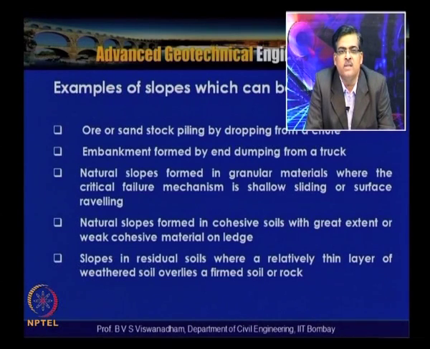So, basically it occurs in certain types of slopes wherein the failure surfaces remain parallel to the slope surfaces and shallow in nature, and can lead to failures. So, the natural slopes formed by granular materials where the critical failure mechanism is shallow sliding or surface raveling, and natural slopes formed in soils with weak material on a ledge, are also regarded as infinite slopes, as are slopes in residual soils where a relatively thin layer of weathered soil overlies a firm soil or rock.